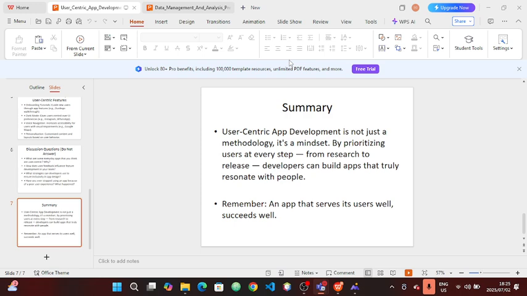Okay, here's the summary. User-centric app development is a methodology, it's a mindset. By prioritizing users at every step from research to release, developers can build apps that truly resonate with people. So I'm sure it makes sense.